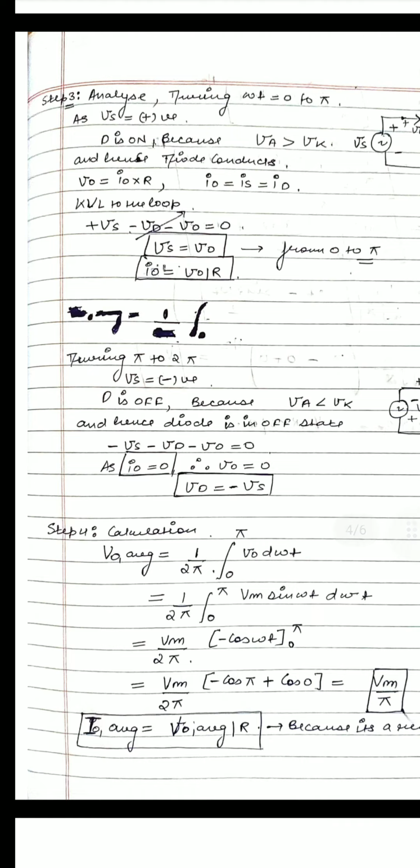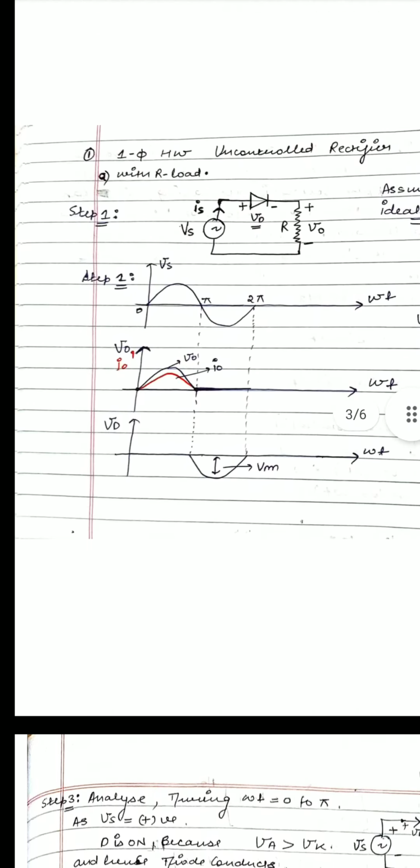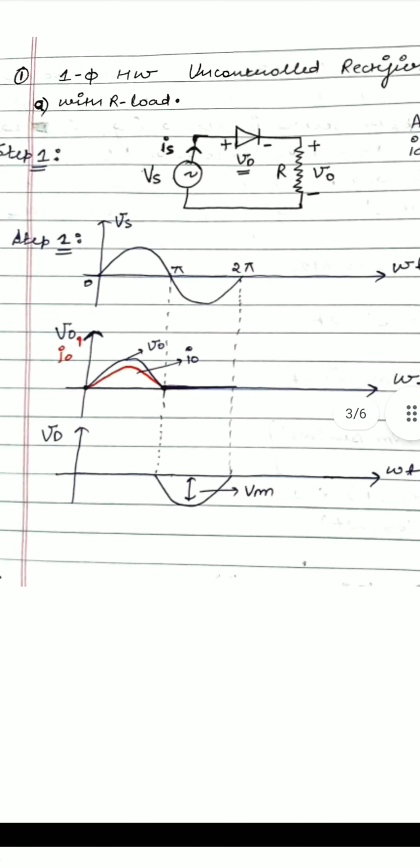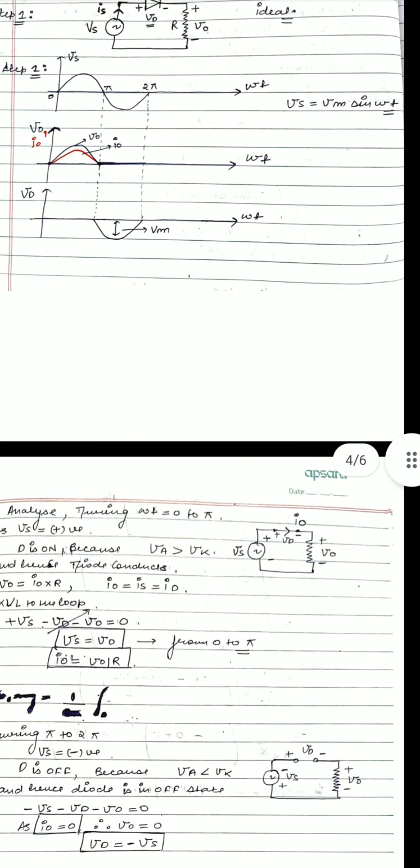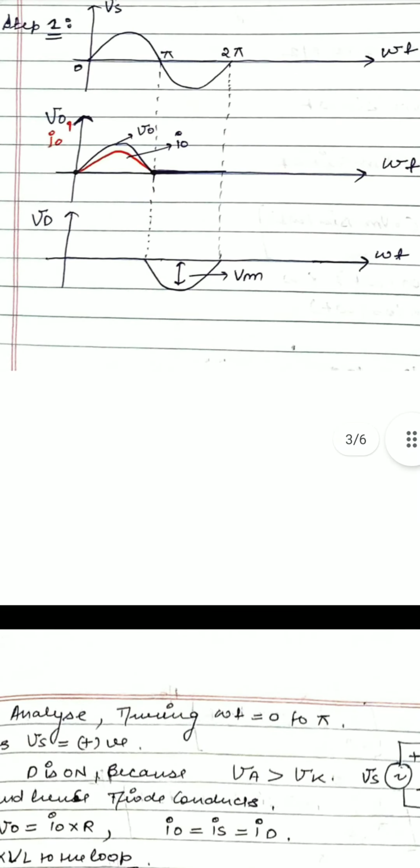So from pi to 2 pi, no current is flowing through the circuit, because it is an open circuit. Current only flows in a closed path. So therefore the load voltage will be 0. We will not get any output voltage. So from pi to 2 pi the load voltage waveform is like this.